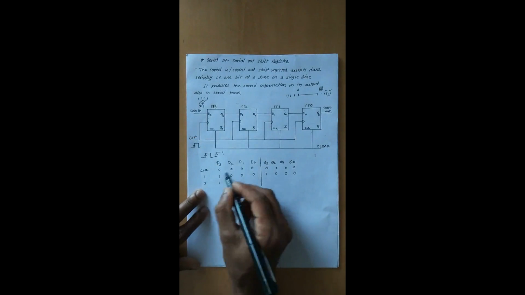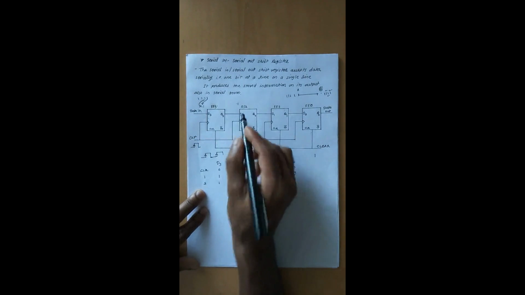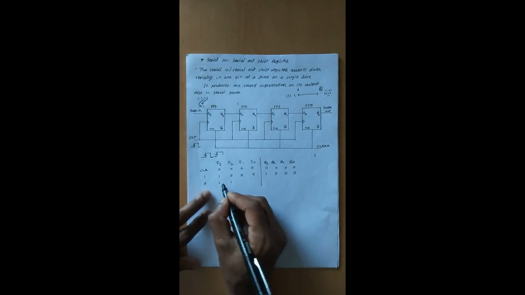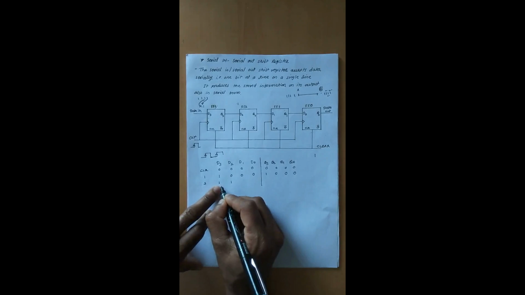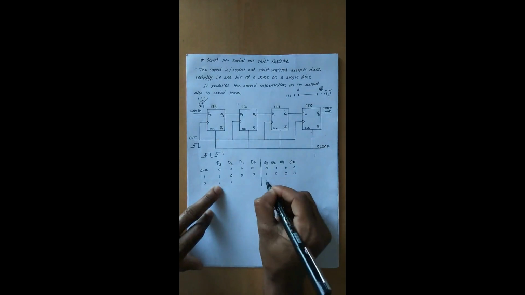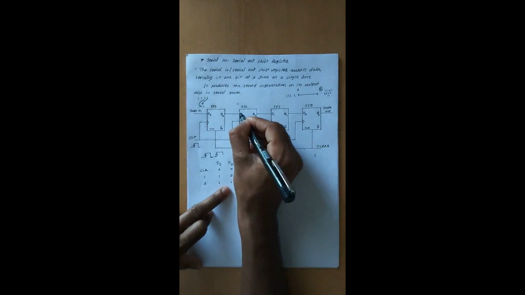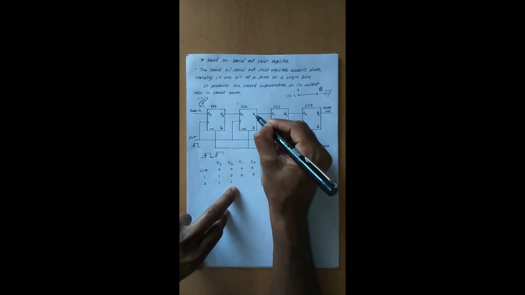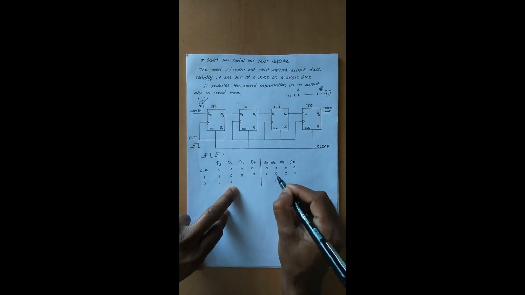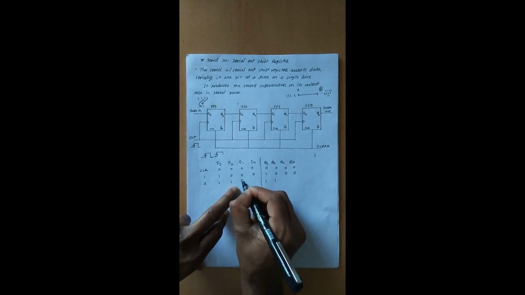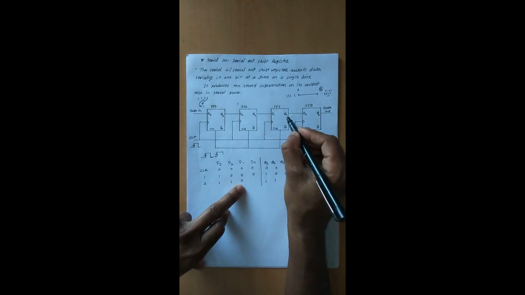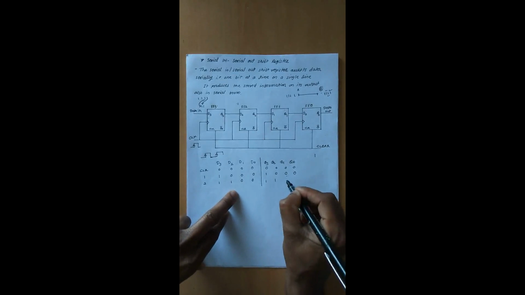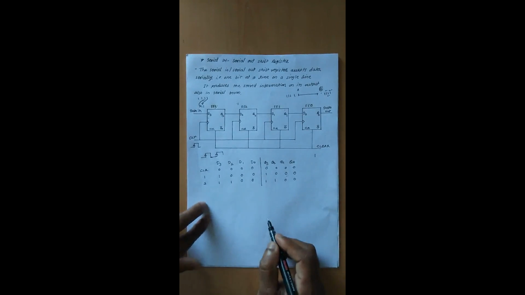So D3 is 1, and D2 is also 1. In the second clock pulse, due to D3, Q3 is 1. If D2 is 1, definitely Q2 is also 1. But what is the initial condition of Q2? It is 0, so D1 is also 0. What is the initial condition of Q1? It is 0, so D0 is also 0. So there is no change in the output of Q1 and Q0.